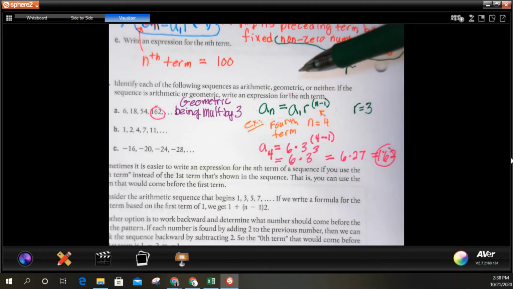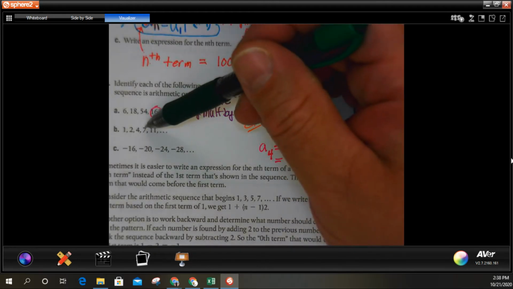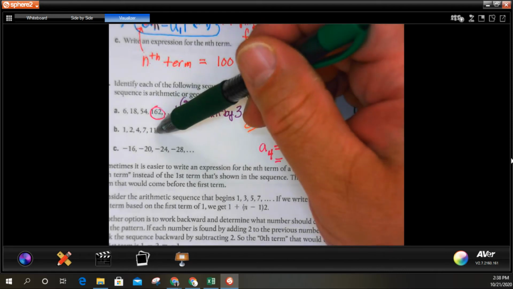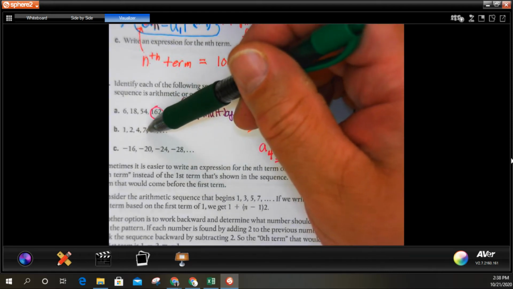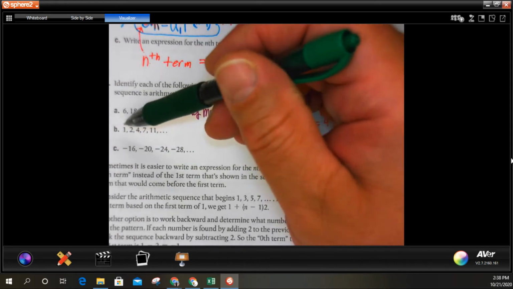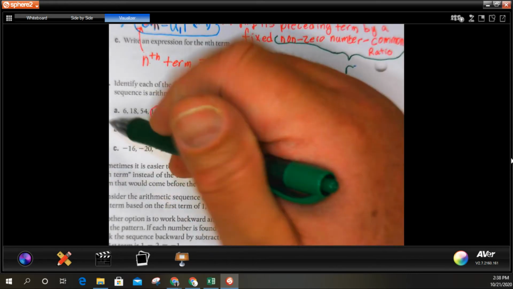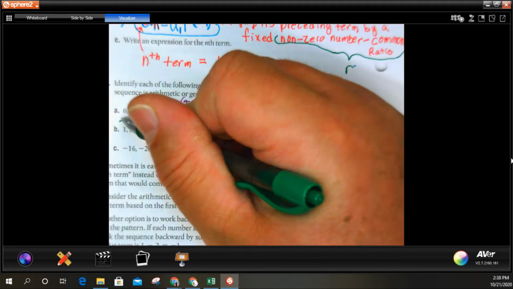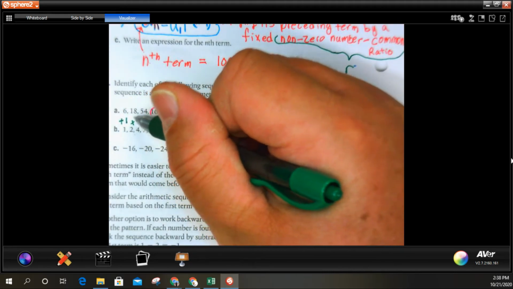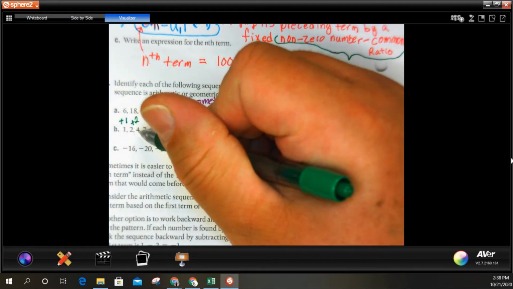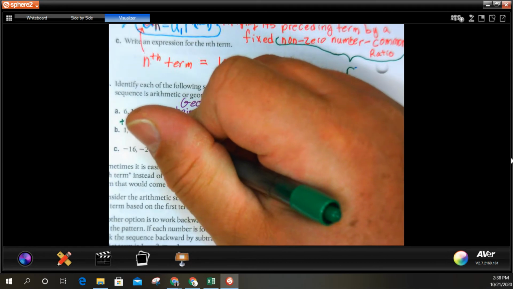Nope, that doesn't work. From 7 to 11 is 4. From 4 to 7 is 3. So I'm adding 1, adding 2, adding 3, adding 4.